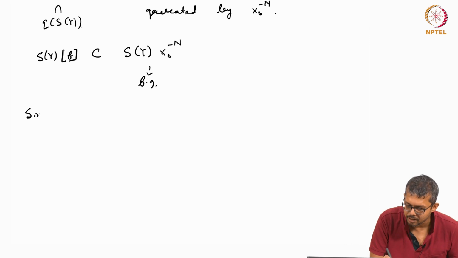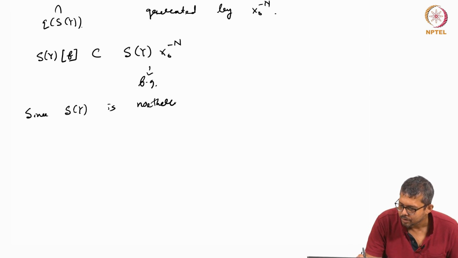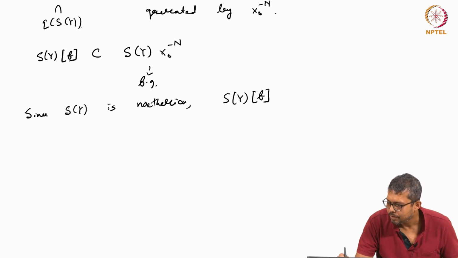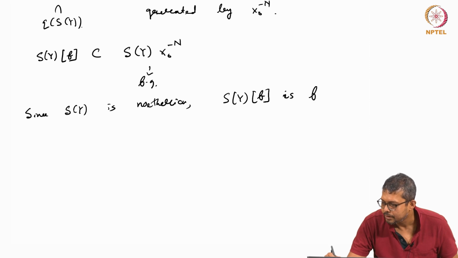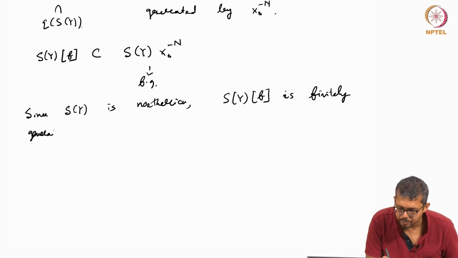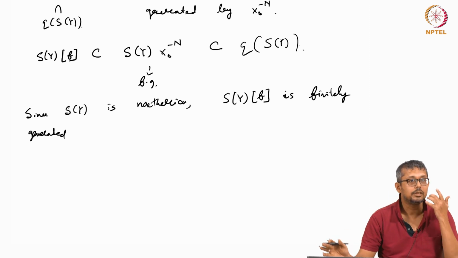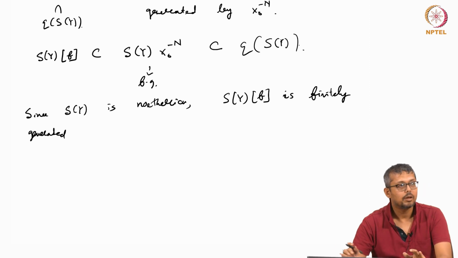Since S_Y is Noetherian, this submodule S_Y of f is finitely generated. But this is everything in the quotient field of S_Y, everything is in this quotient field, submodule.